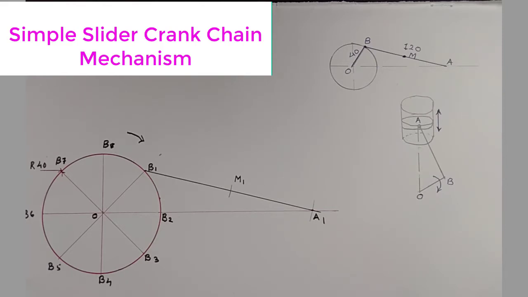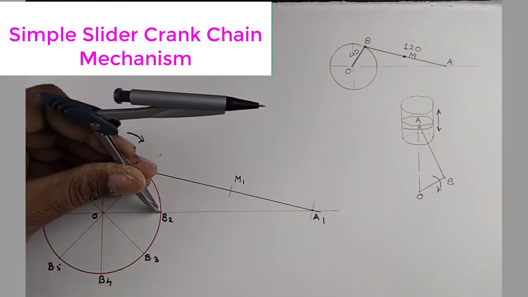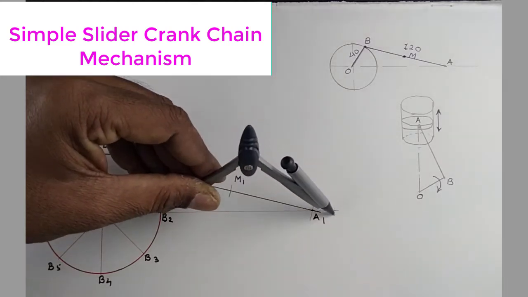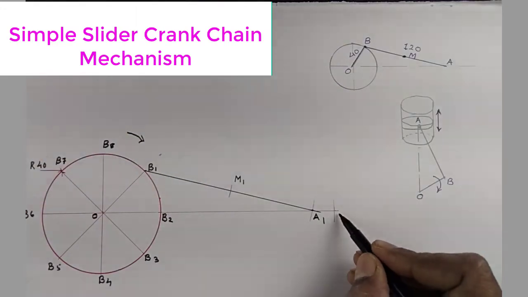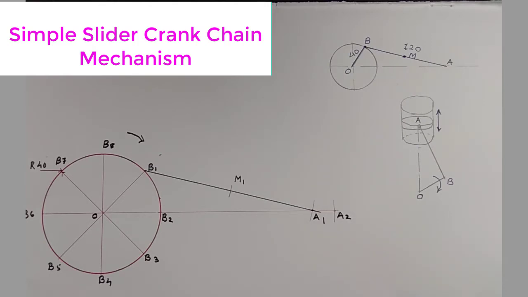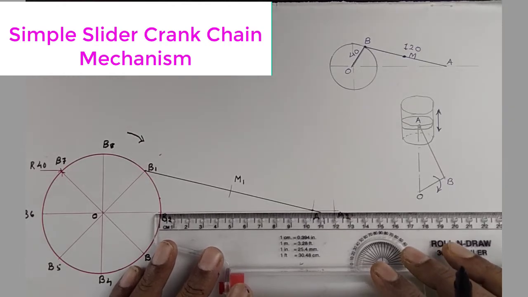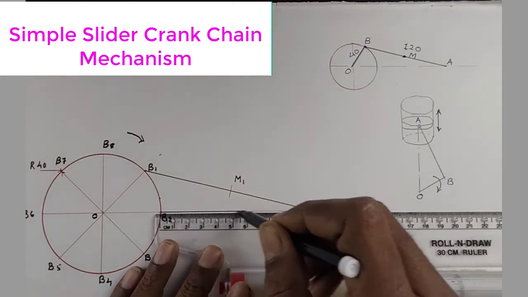Similarly, you choose your second position of the crank, B2, as the center. You can draw the arc on the same horizontal line. Here you have the A2 point. Join your B2 A2 with a straight line.